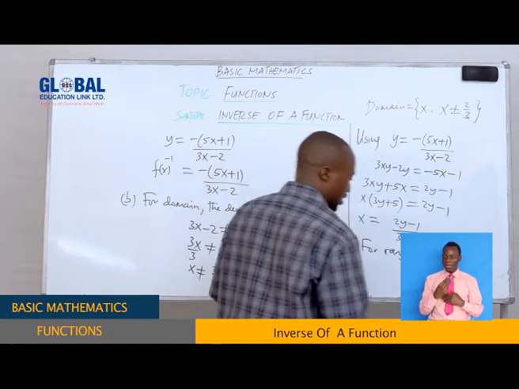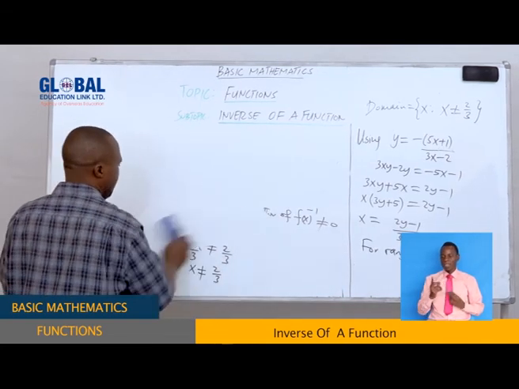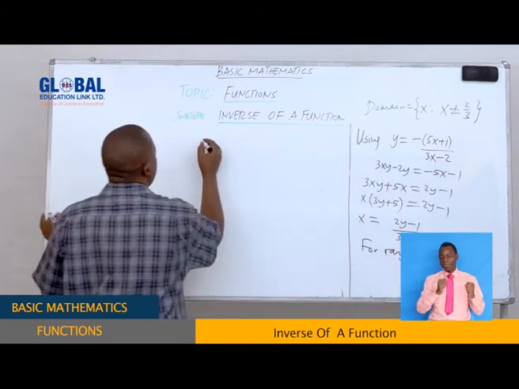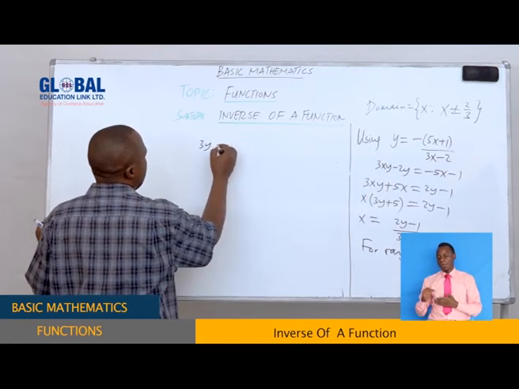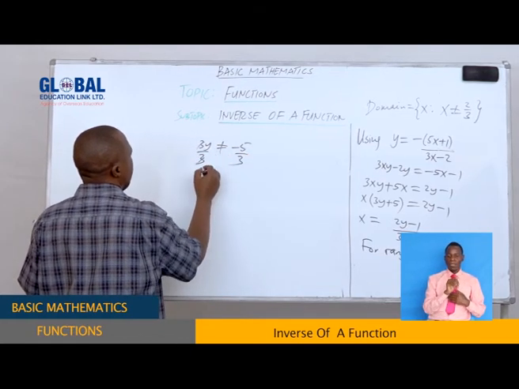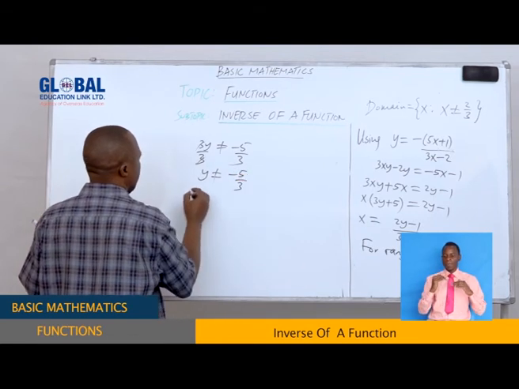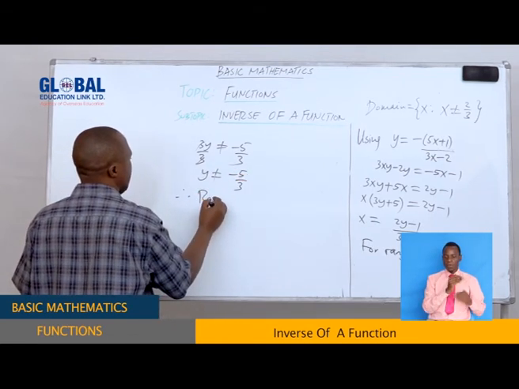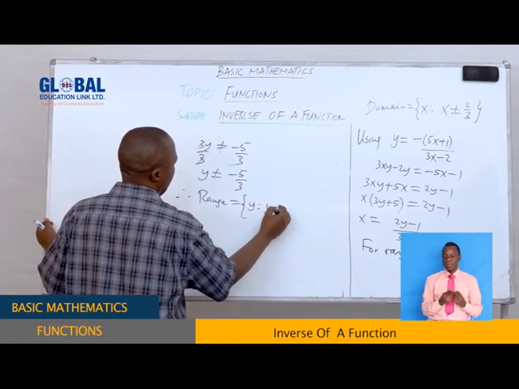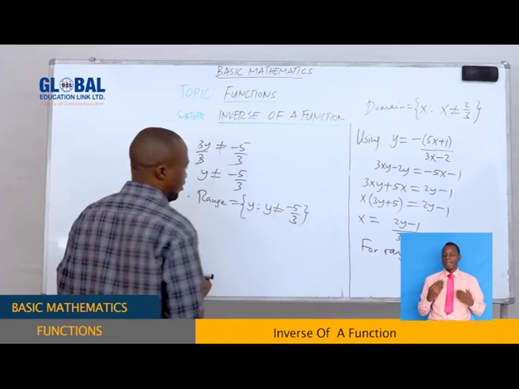So dividing by 3 from both sides, we have 3y over 3 not equal to negative 5 over 3. Therefore, y is not equal to negative 5 over 3. In this case, range is equal to y such that y is not equal to negative 5 over 3.